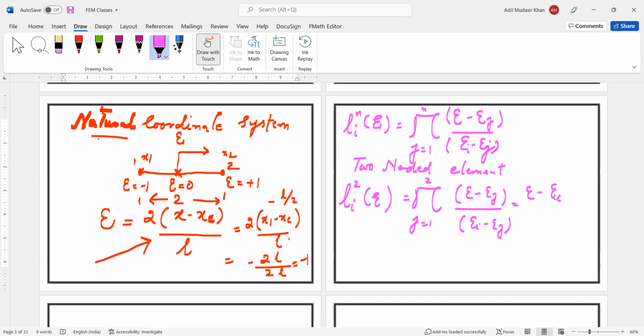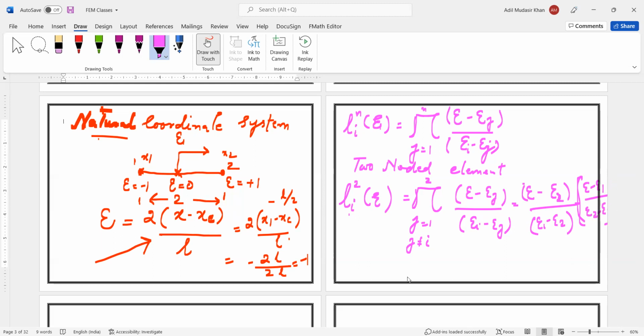If I take the first value i equal to 1, then j will have to be 2, because j should not be equal to i. I grows from 1 to 2, so the first value i takes is 1, therefore j should take the value 2. So we have (zeta minus zeta 2) divided by (zeta 1 minus zeta 2).